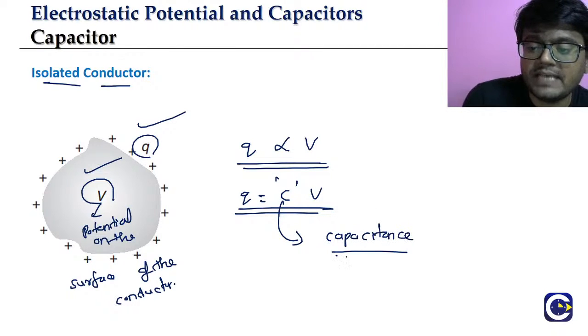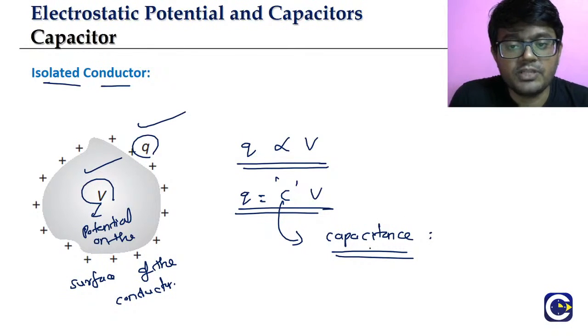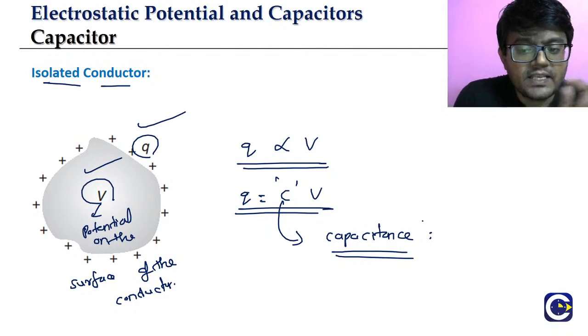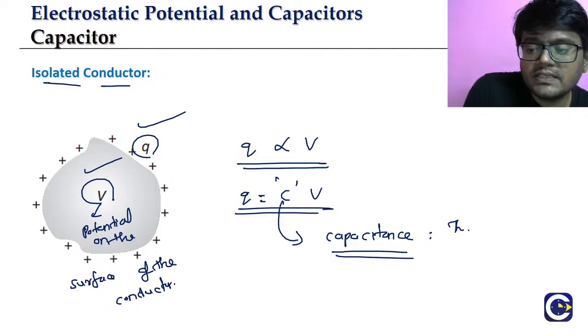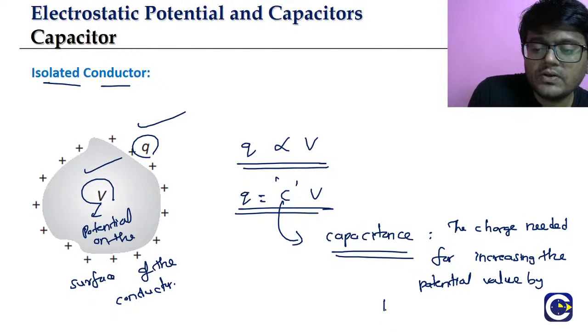What is it? Capacitance. So how can we define capacitance? Look, we can define it like this. Capacitance is the charge needed for increasing the potential value by 1 volt.